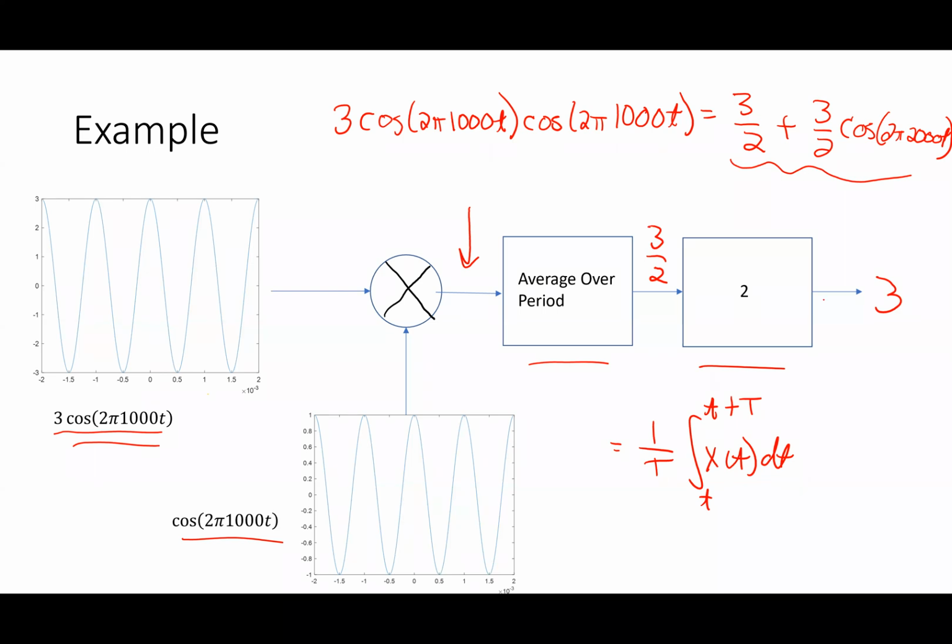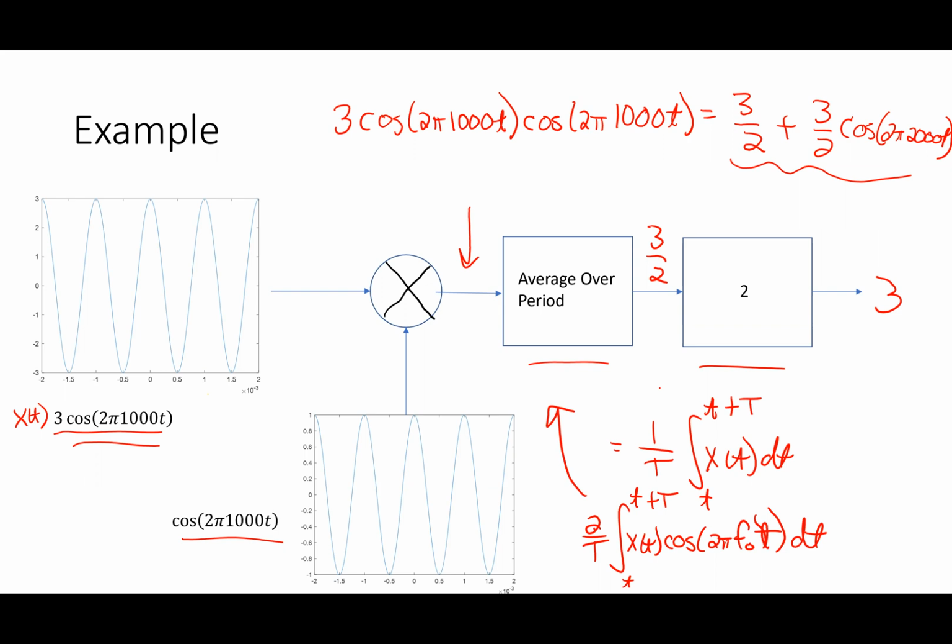If I called this here x of t, I could take that picture and turn that into an equation. This picture would effectively be 2 over T times the integral of x of t times cosine 2 pi f naught t dt, and I'm integrating from t to t plus T. That's what this whole picture basically is, that equation.